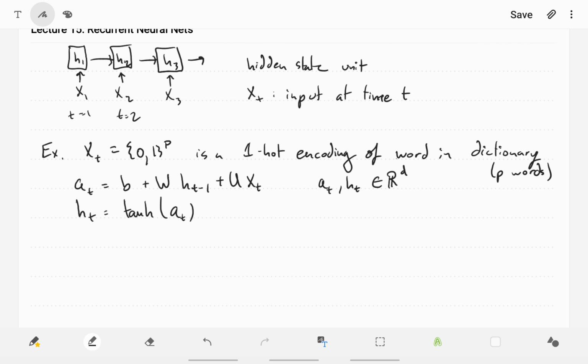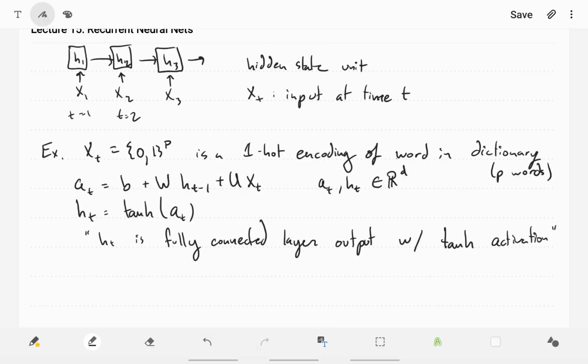So in words, we could write that h sub t is a hidden unit, and it's the output of a fully connected layer, where the fully connected layer has a tanh activation.